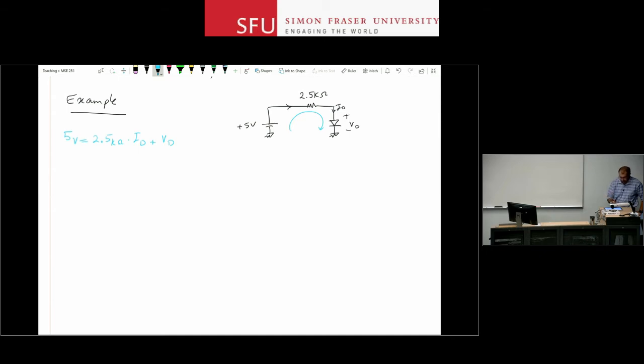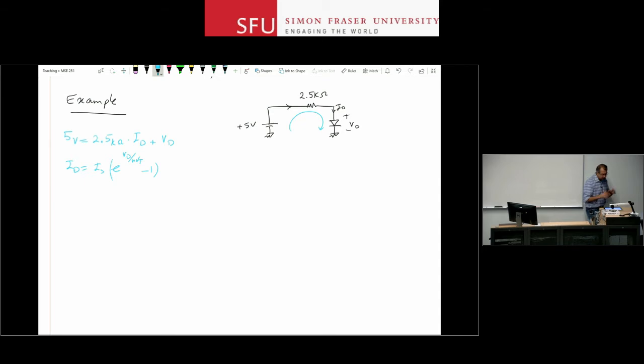And if that's the case, I can go and plug the value for ID and VD from the equation. So I know that the ID-VD relationship for the diode is this. Now, how do I solve this circuit?